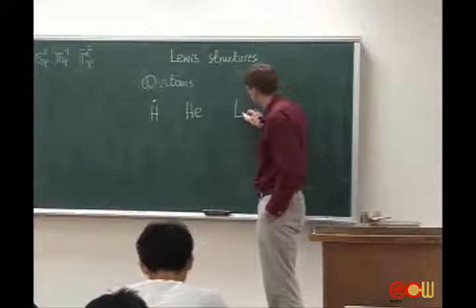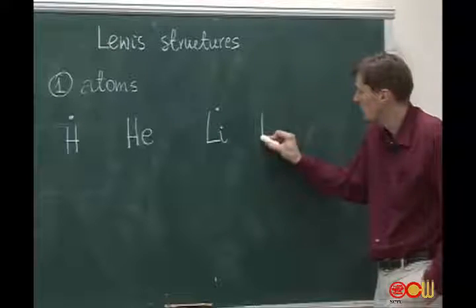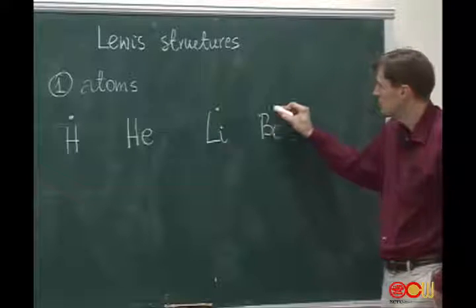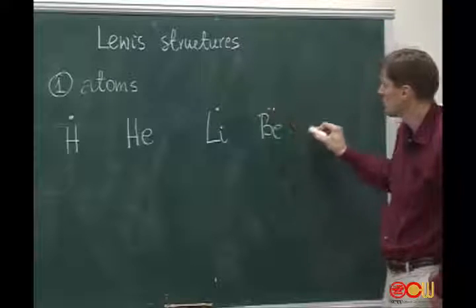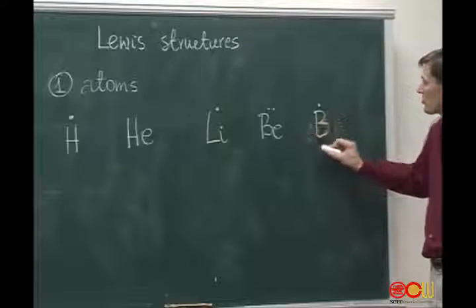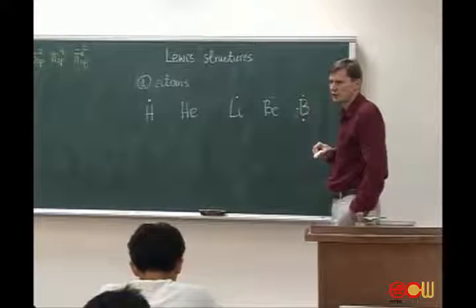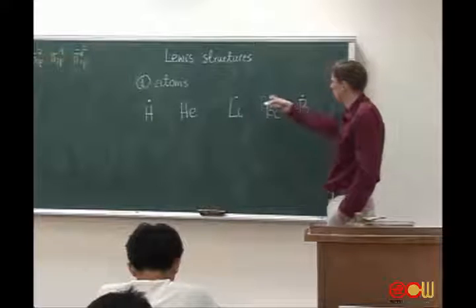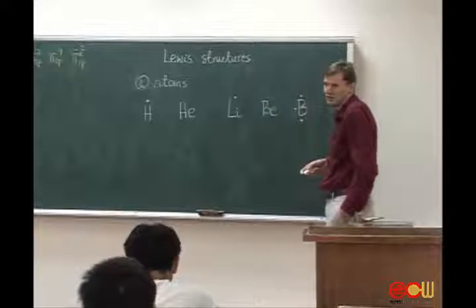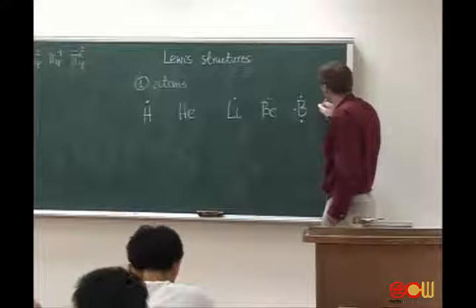Lithium has only 1 valence electron. Next one is beryllium with 2 valence electrons. Then boron with 3 valence electrons. And now, generally, you have the freedom to put the dots. You can put them all together or separately, it doesn't matter. Carbon has 4.